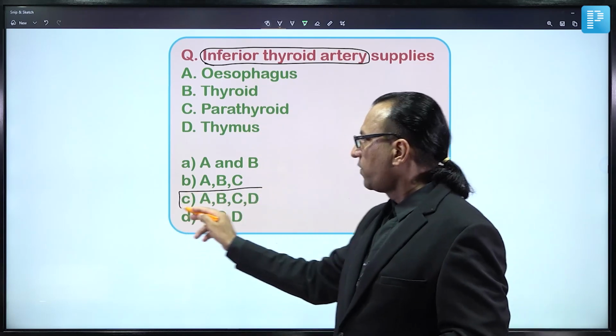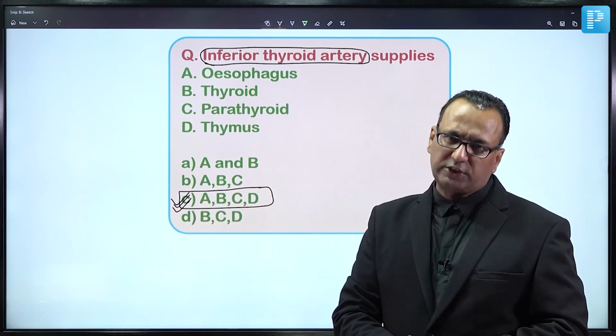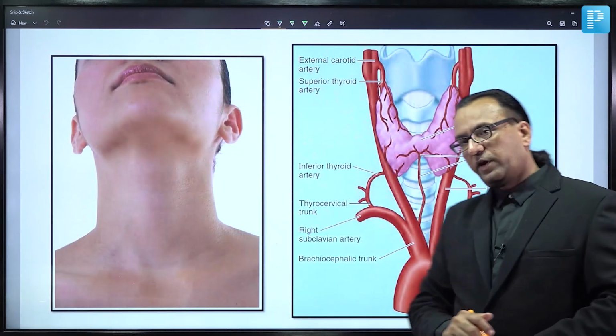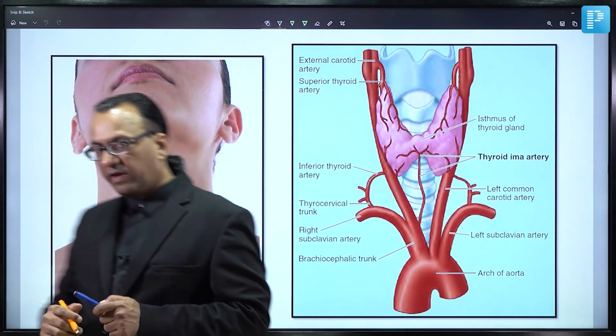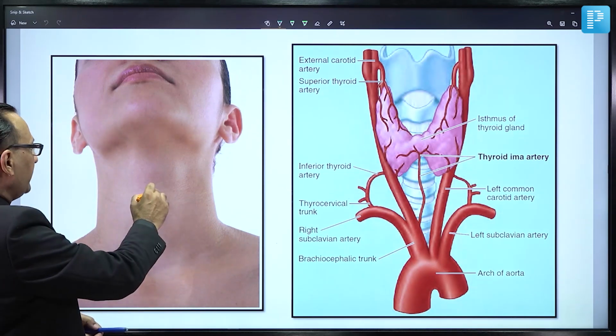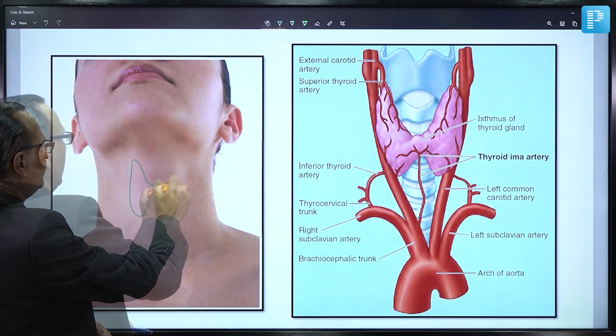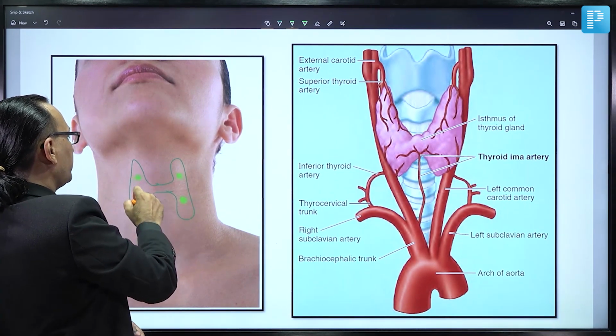Now, once you have found your answer, let us look at one diagram as well to mention some more details. So here basically we are looking from the front view, talking about the inferior thyroid artery, which is going to supply the thyroid gland, which is in the neck region, and also the parathyroid glands, which are lying posterior to the thyroid.